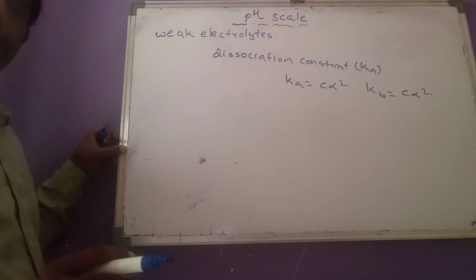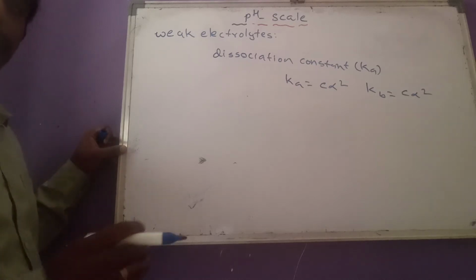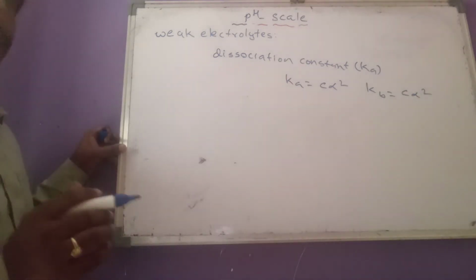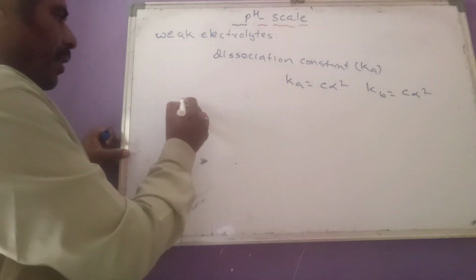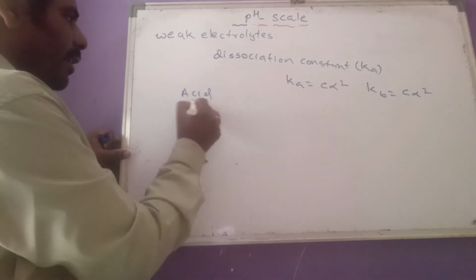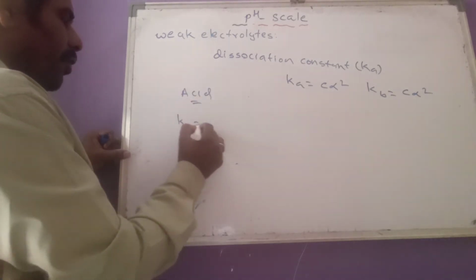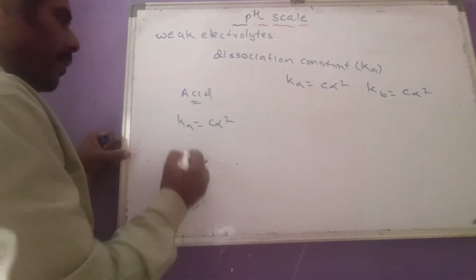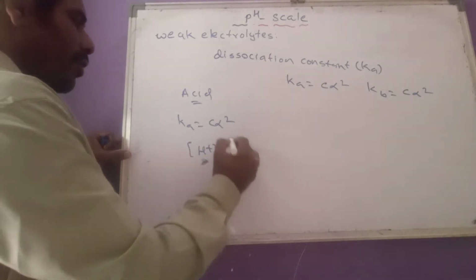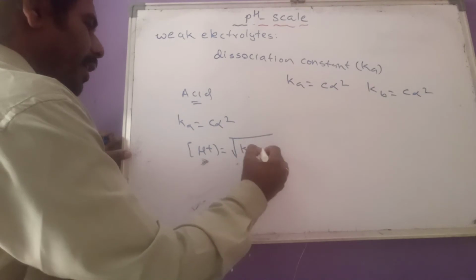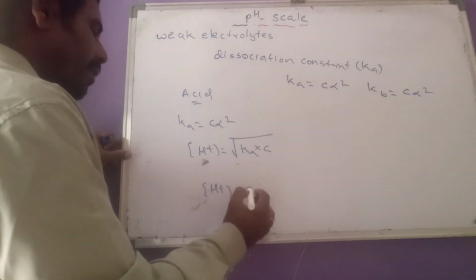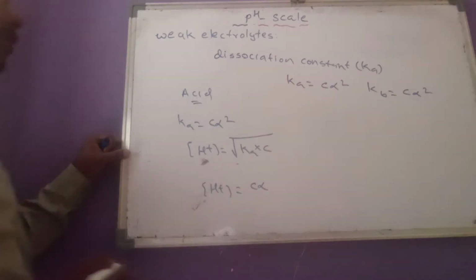Some important formulas we have to remember regarding this weak electrolyte concept. What is that first? If you want to calculate for an acid, I will write here Ka equals C alpha square, and H plus concentration equals root Ka into C, or another formula, H plus equals C alpha.